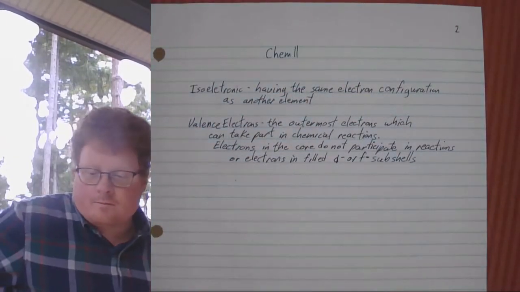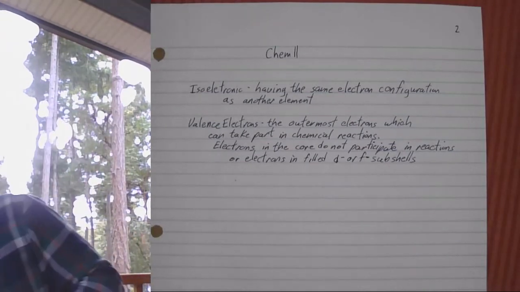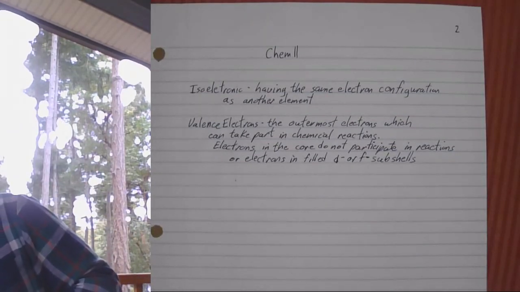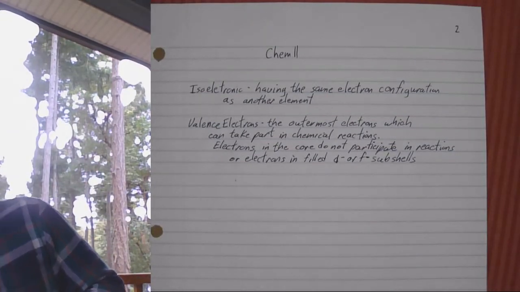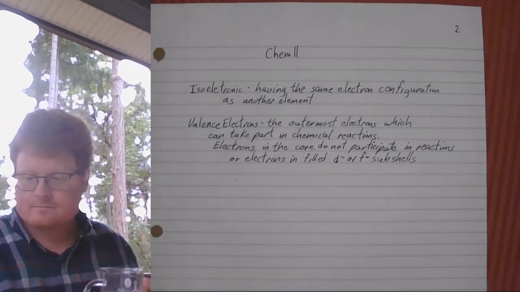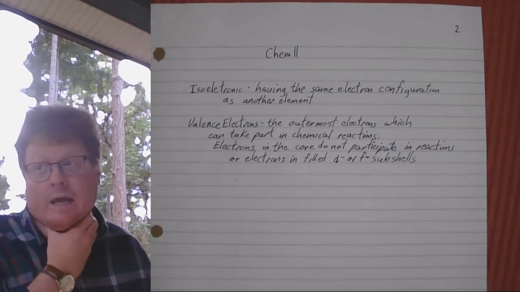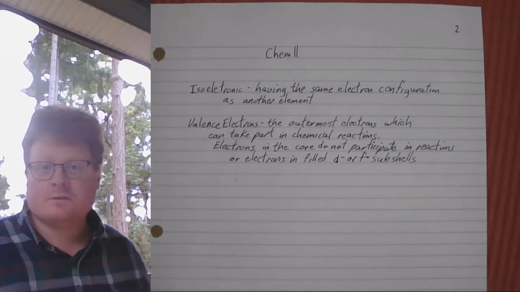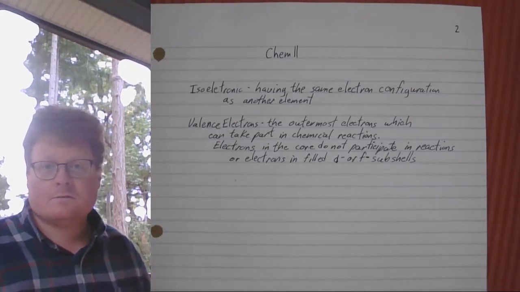Okay? So the valence electrons are what electrons you have after the core notation.